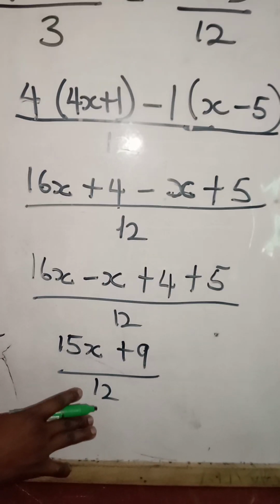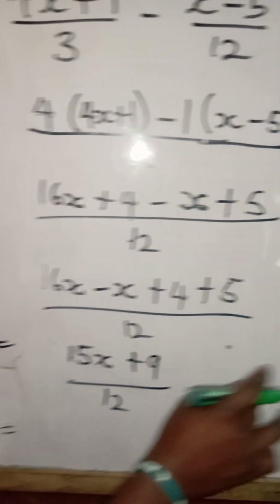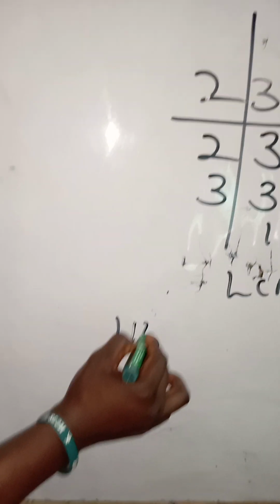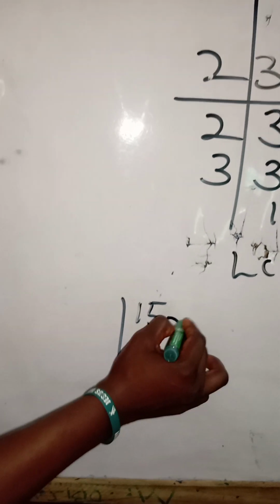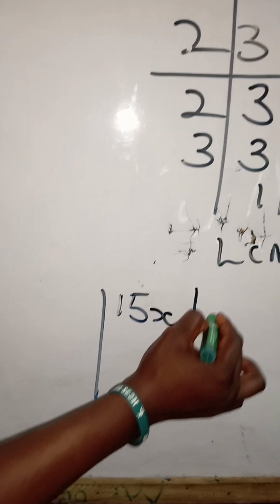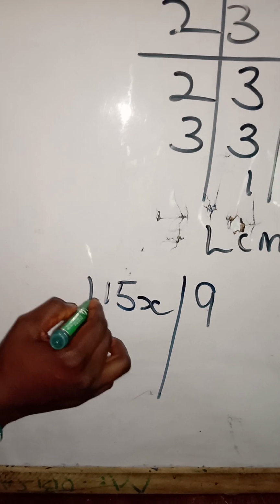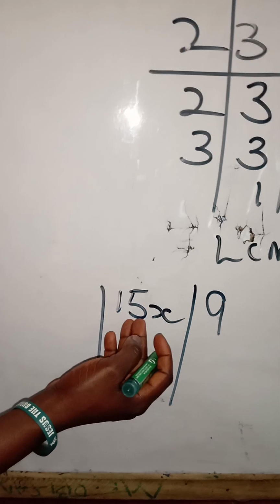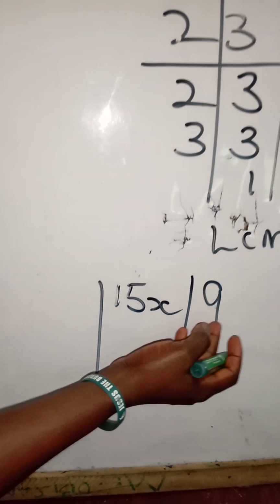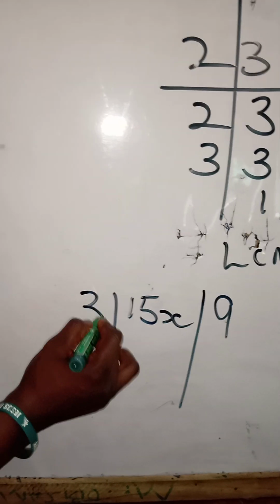That's the highest common factor, and this is what I mean by the highest common factor. This is 15x and 9. A number that can divide 15 and at the same time divide 9 is 3.